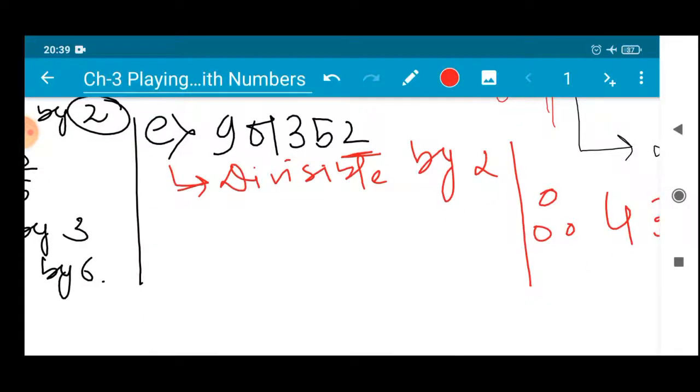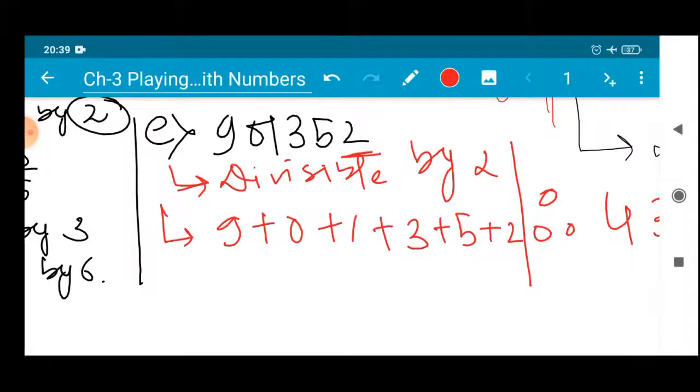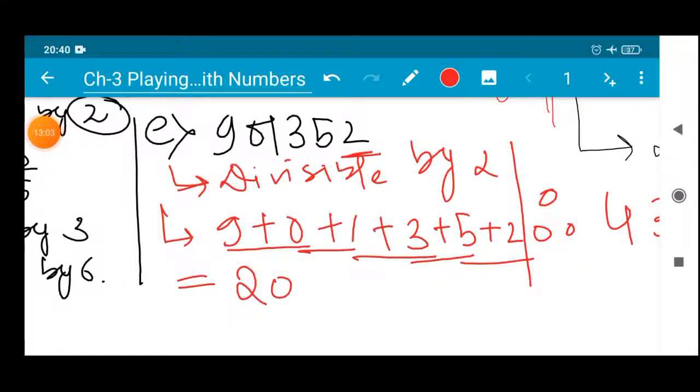So now whether this number is divisible by 3 or not, that also we have to check, because it is compulsory, as we saw that this number is divisible by 2. Now in order to do that, we have to add all the digits, whatever is given. 9 plus 0 plus 1 plus 3 plus 5 plus 2. Sorry, 9 plus 0 is 9. 9 plus 1 is 10. 10 plus 3 is 13. 13 plus 5 is 18. 18 plus 2 is 20. So now when you divide this number by 3, you are not going to get a perfect value.